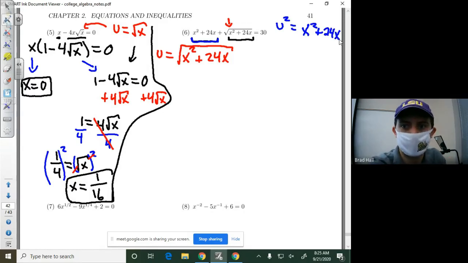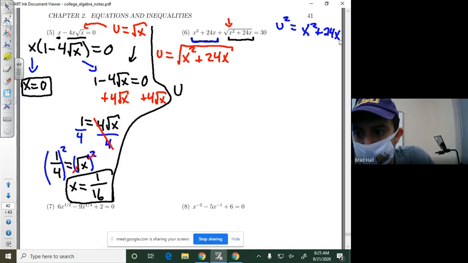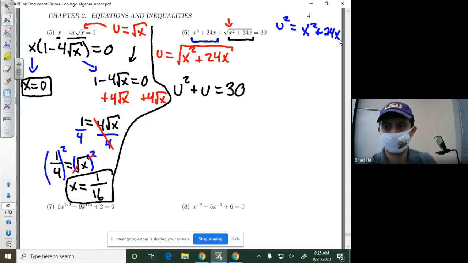And from here, we can apply the U substitution. So that would be U squared plus really U is equal to 30, because there's no other numbers, other than 30, that were left out of the substitutions that we applied.